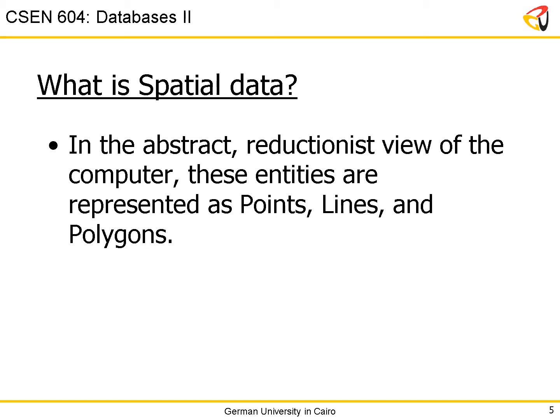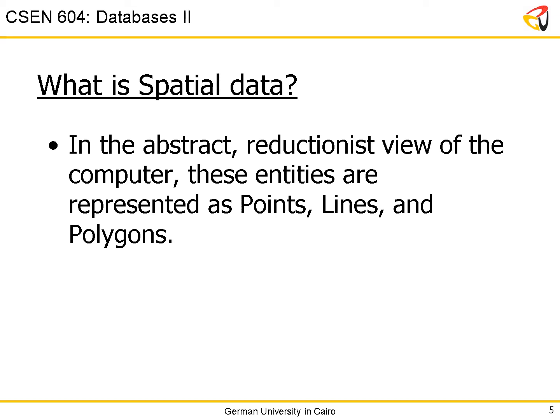Points: X, Y, or X, Y, and Z if you'd like. Lines, which are a series of vectors connected together, making a line, not a closed loop, not a polygon, just a line. Since the line could change direction, the spatial database would use vectors internally to represent the line.